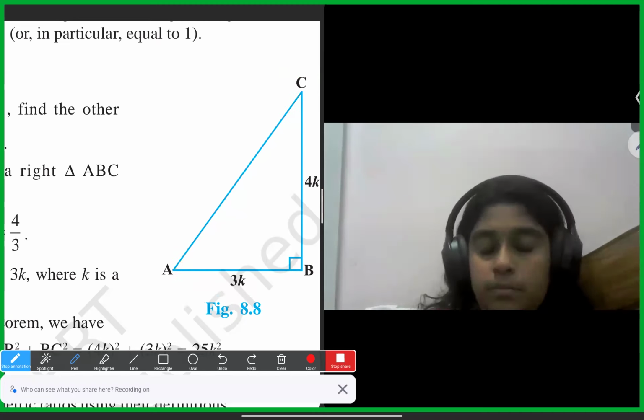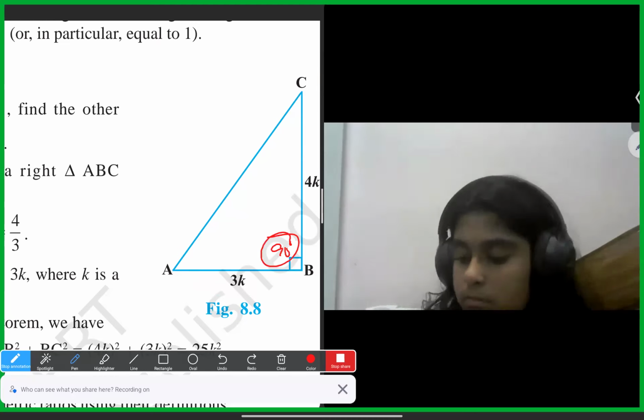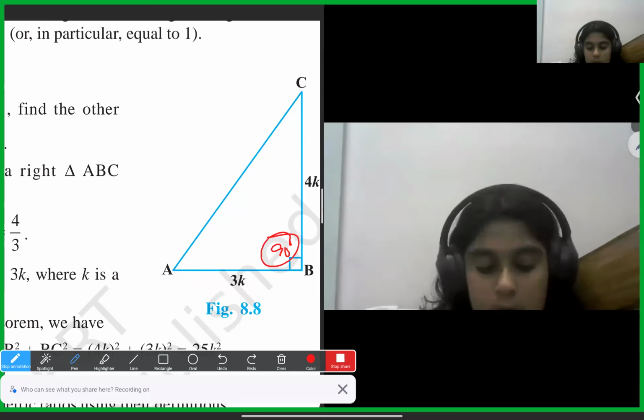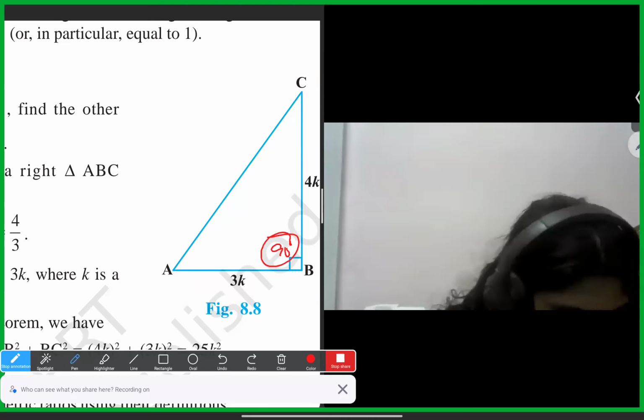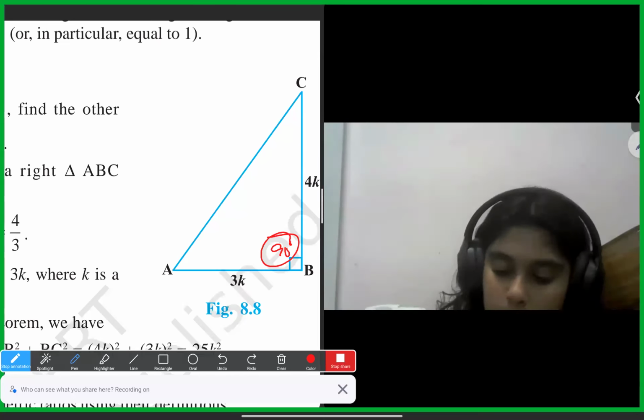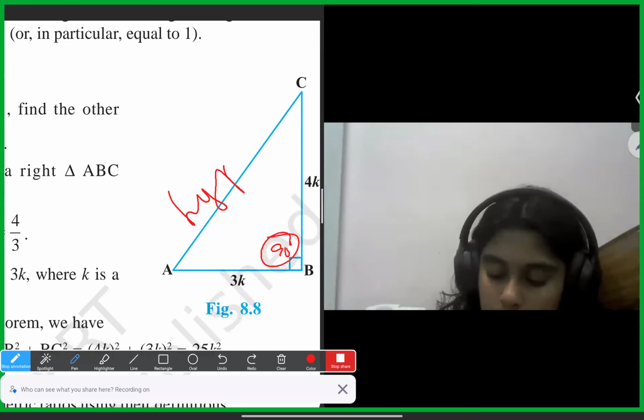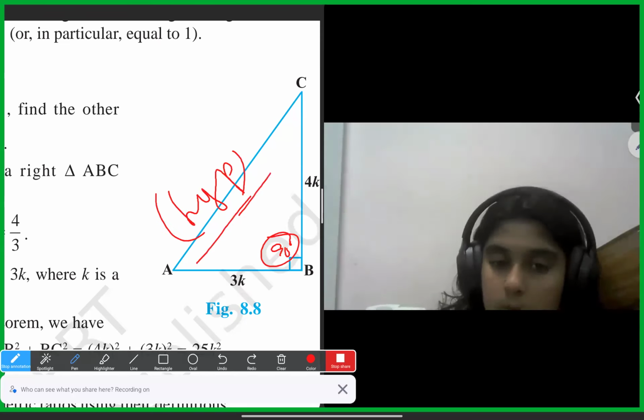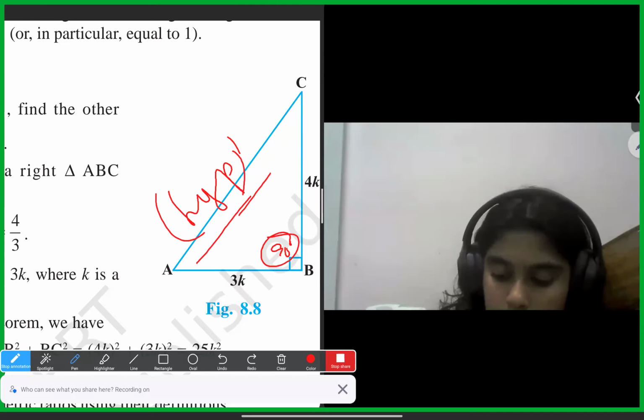Generally in a right angle triangle, 90° is the largest angle. We don't have more than 90. Yes or no? Yes, sir. Because of that reason, the 90° opposite side, AC, is considered the hypotenuse, the largest side of the right angle triangle. Why is it the largest side?